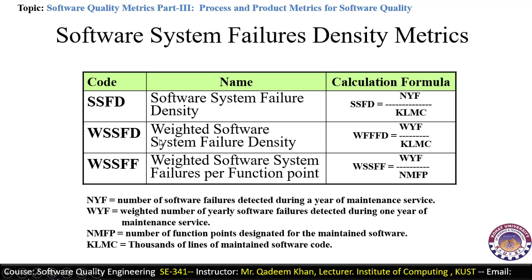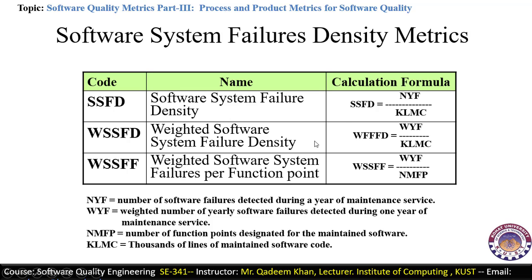Next important metric is called weighted software system failure density. So here we will in fact also identify the weighted software system failure density. Now weighted software system failure density is equal to WYF divided by KLMC, while WYF is in fact the weighted number of yearly software failures detected during 1 year of maintenance services.